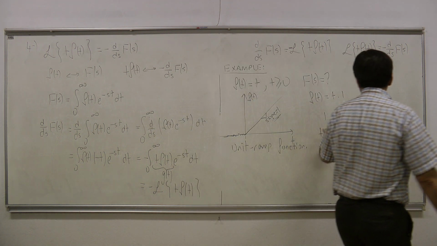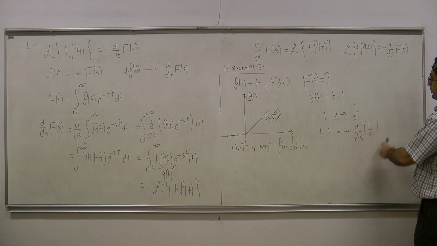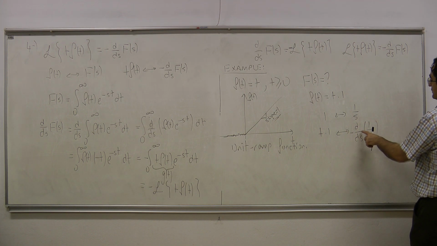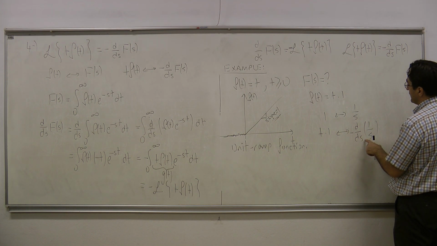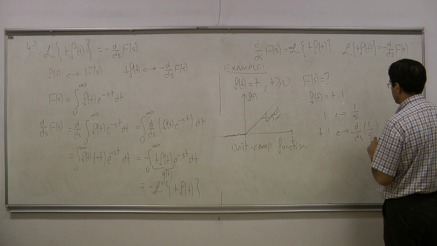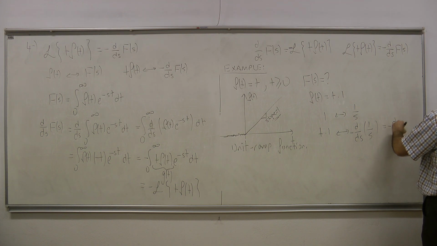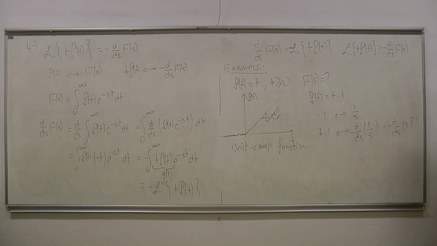Now, in order to find the Laplace transform of the ramp function, I need to take the derivative of 1 over s with respect to s and multiply it with a minus sign. So I'm just going to write this as minus d over ds of s to the minus 1.